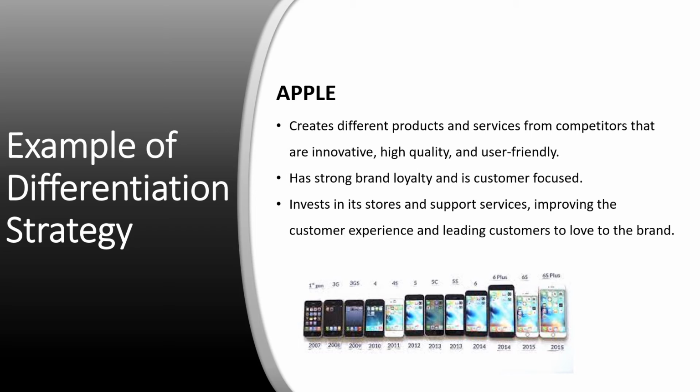They're really innovative, high quality, and user friendly. They also invest in stores and support services, improving the customer experience and leading customers to love the brand. Apple users are quite loyal and considered fanatics, known as Apple evangelists.